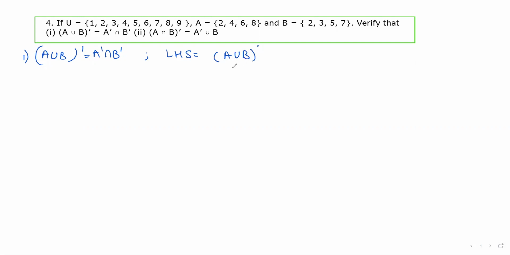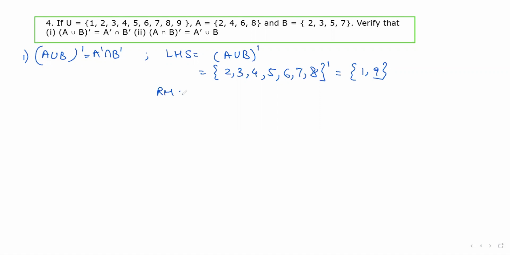A union B whole complement. What is A union B? Uniting the values of A and B, it would be 2, 3, 4, 5, 6, 7, 8. Taking the complement of it would be subtracting this from the universal set. So you're left with 1, 9.